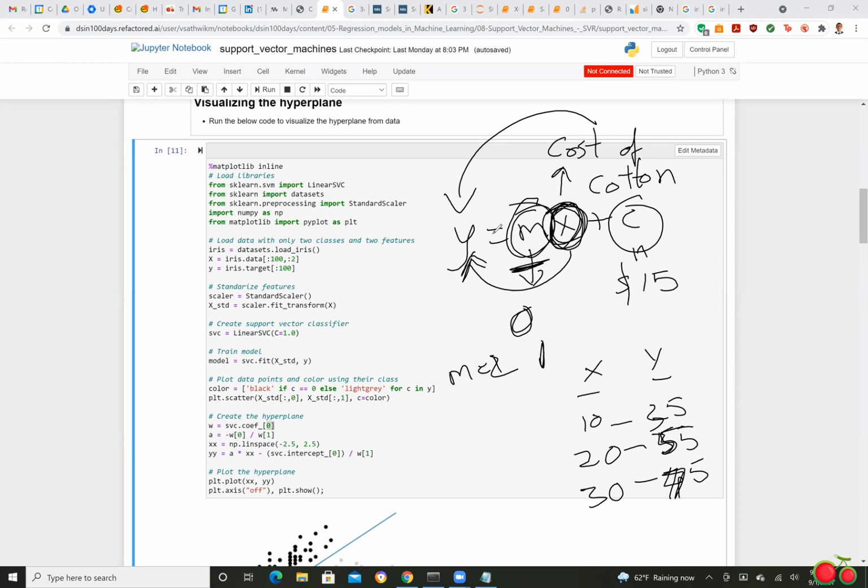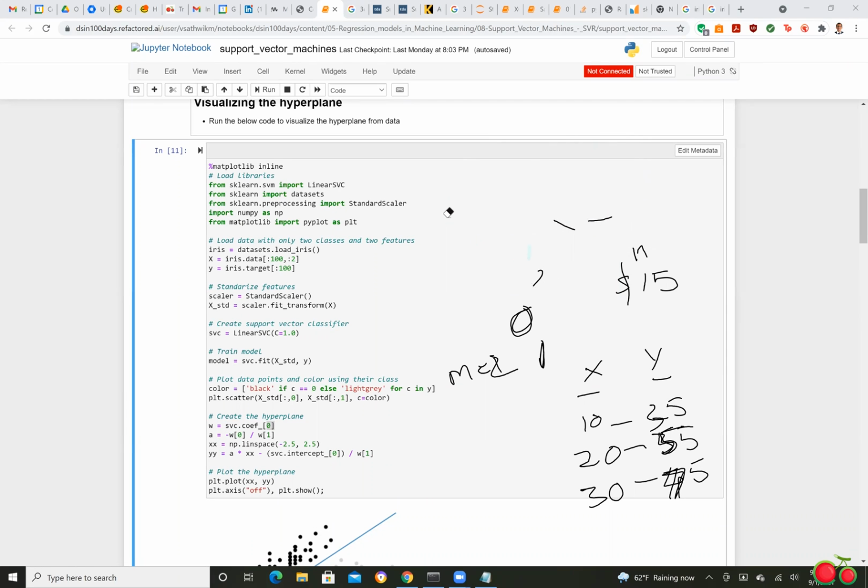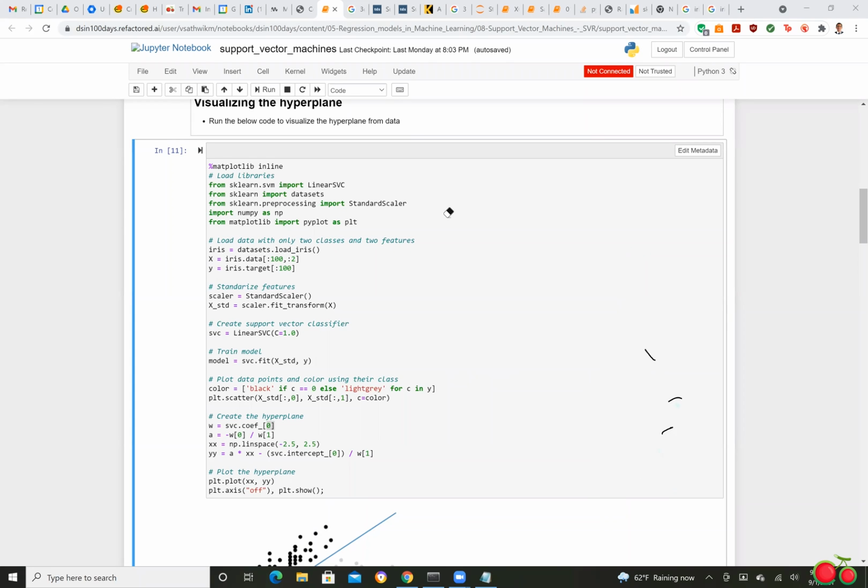Now, the same thing. I want to tell you about what happens when you have multiple predictors. So let's assume that I have a new case. I have more data about the price of fabric. So I have Y, which is the price of fabric, X1, which is cost of cotton, and X2, which is cost of labor.